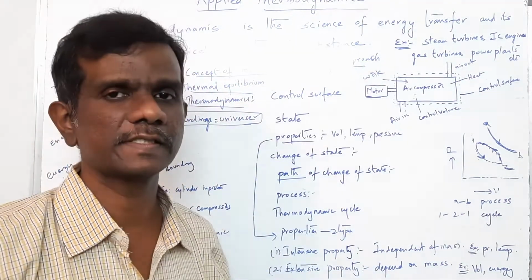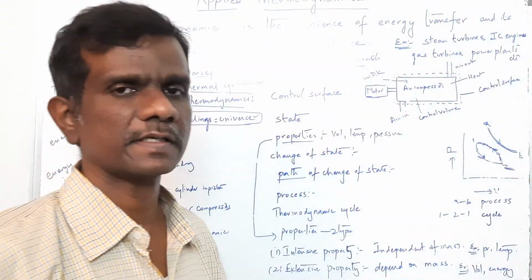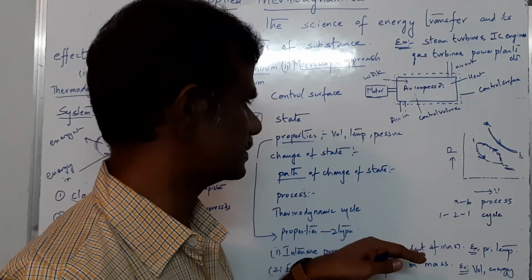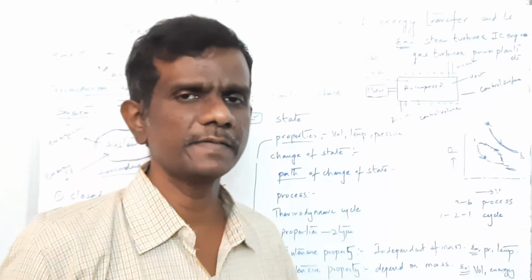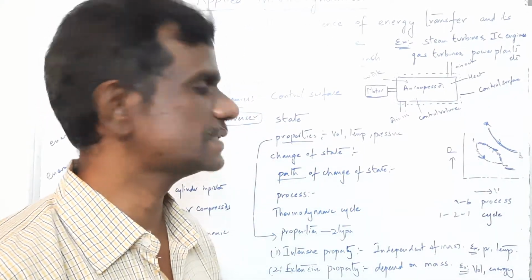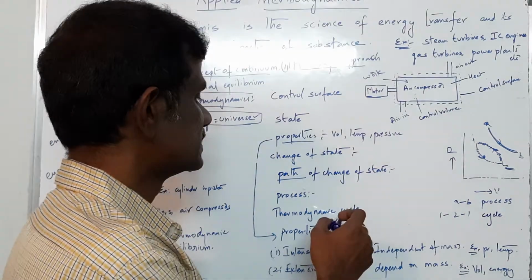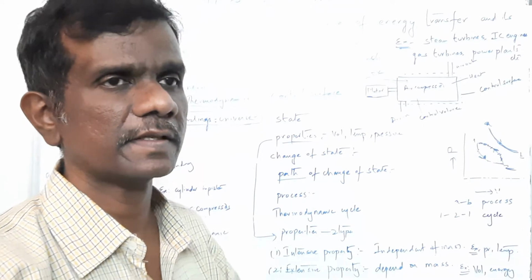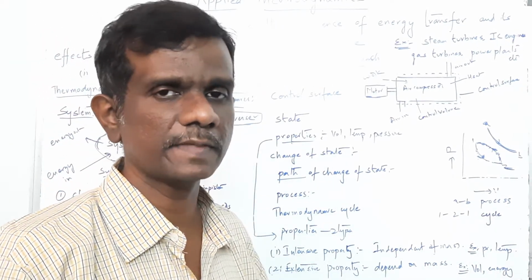Thermodynamic cycle is nothing but, if the final state is identical with the initial state, then it is called a thermodynamic cycle. Most thermodynamic processes are reversible and some are irreversible.